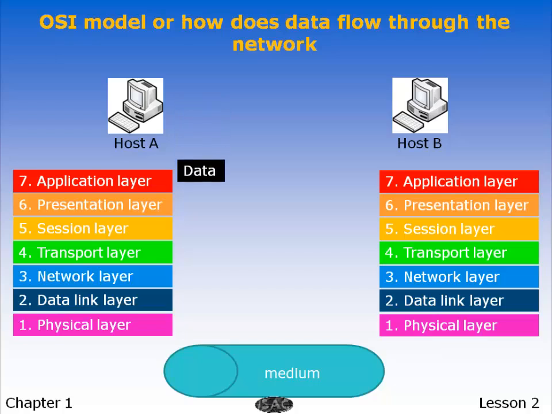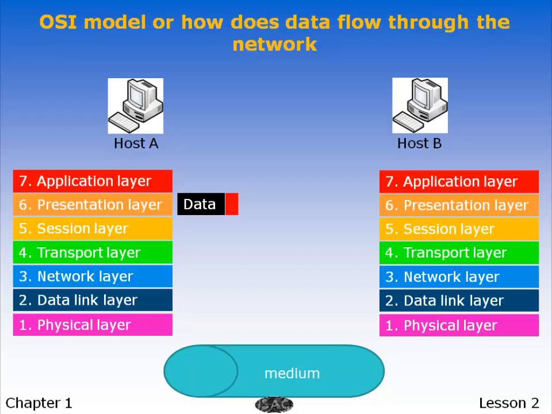We have data and we want to send it to host B, to computer B. In this case, the application layer adds its header to the data, you can see it in the same color as the application layer, and sends it down to the presentation layer. With the application layer header, the data is received by the presentation layer.